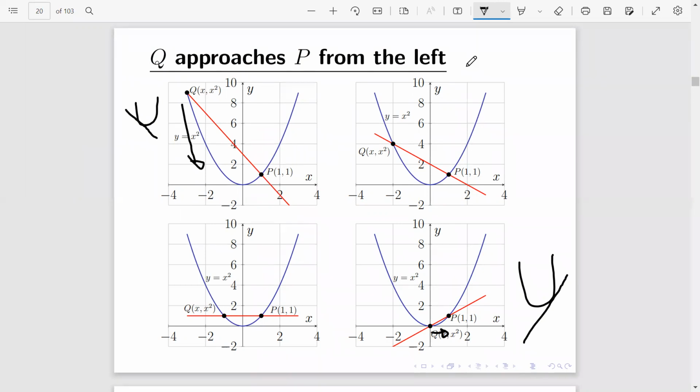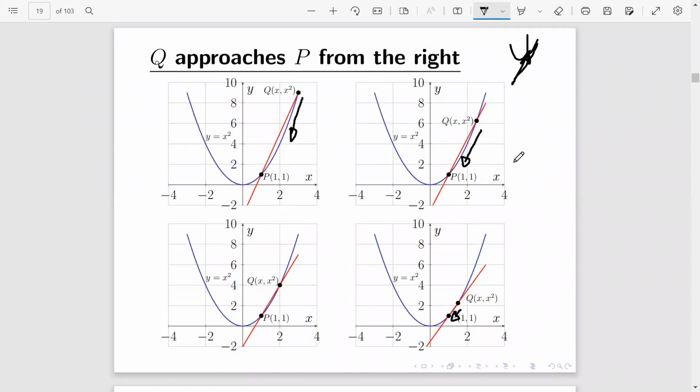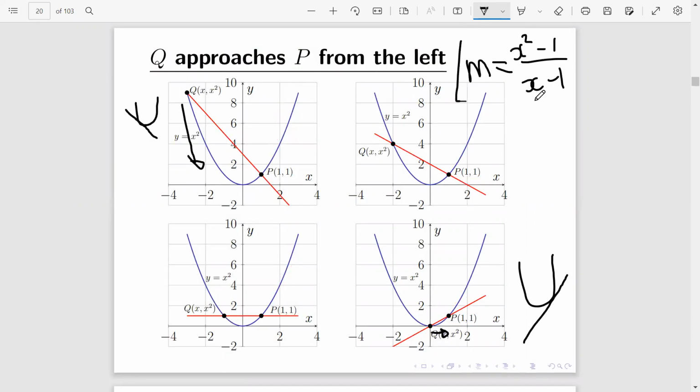Remember we're calculating the gradient here, and our gradient is (x squared minus 1) all over (x minus 1). So we're going to substitute these x values which are greater than 1, keep on reducing them as they get closer to 1, and see how the formula reacts, or what value of m, the gradient, we get.